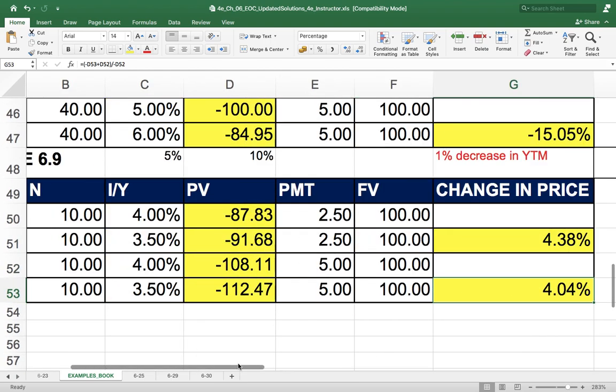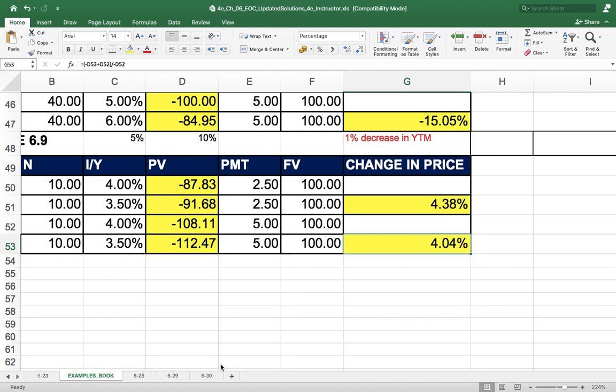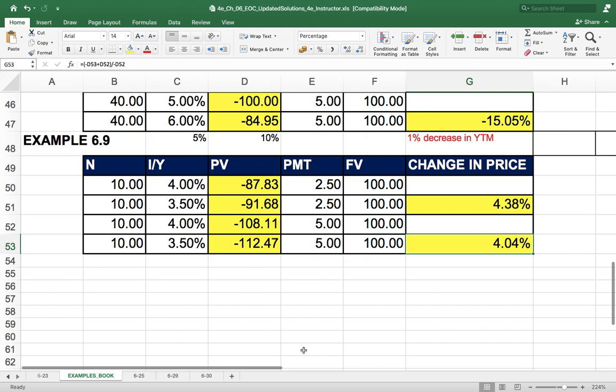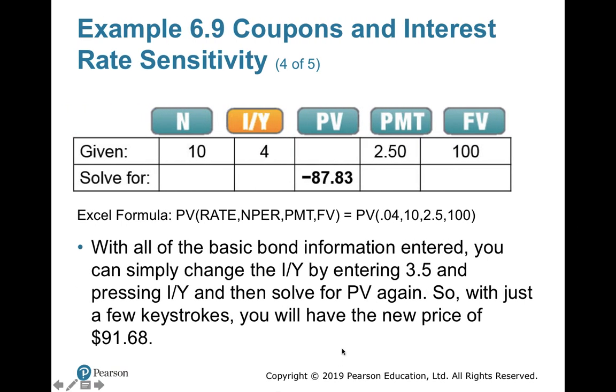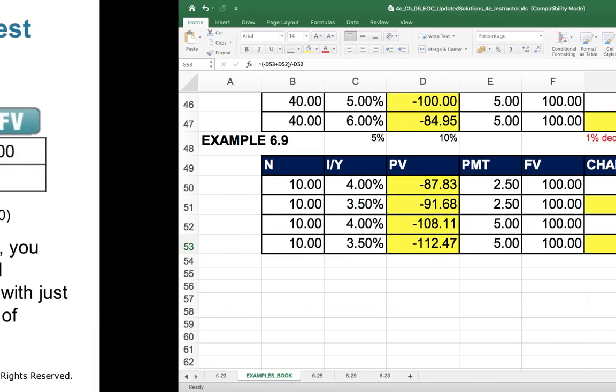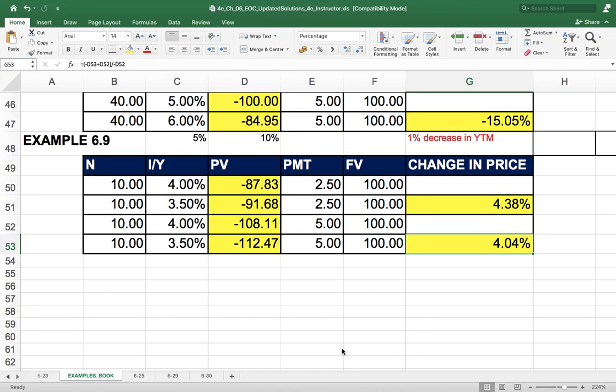Now you can see the whole spreadsheet. So the higher the coupon, the lower the reaction. You see, for the 10% coupon bond, the price increase is 4.04; for the 5% coupon bond, the price increase is 4.38.